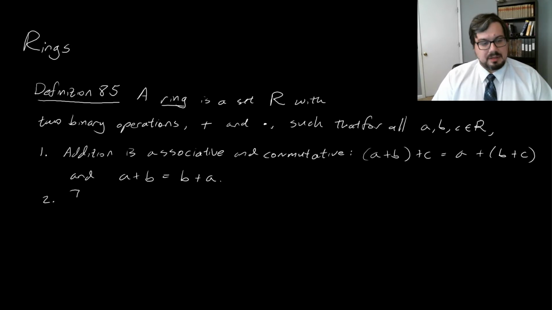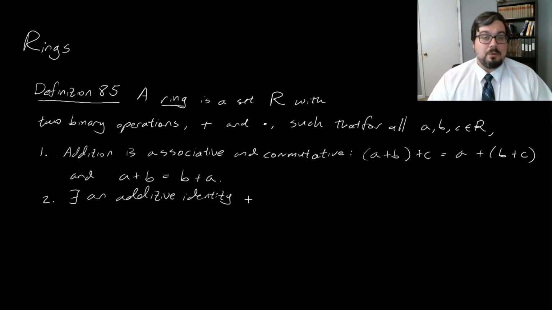Number two, there exists an additive identity. Because all of our rings always have additive identities, and we're going to use addition as our operation nearly always, we are going to use 0 as our additive identity for general rings.